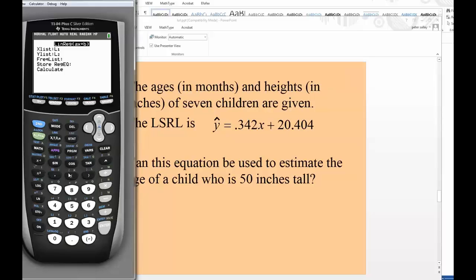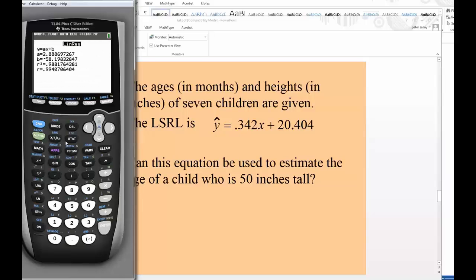So I want my X to be list 2, and I want the Y to be list 1. And then I'm going to store this equation under Y2 because I might want to have Y1 still there. So if I go to vars, scroll over to yvars, and then just pick from the function I want Y2. And then I can compare the two equations right next to each other.